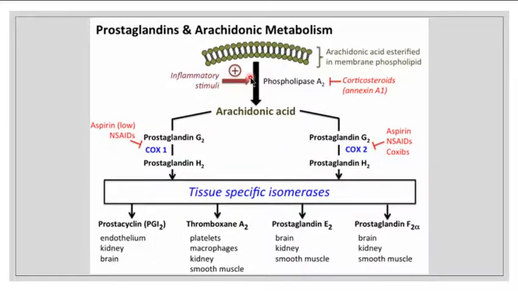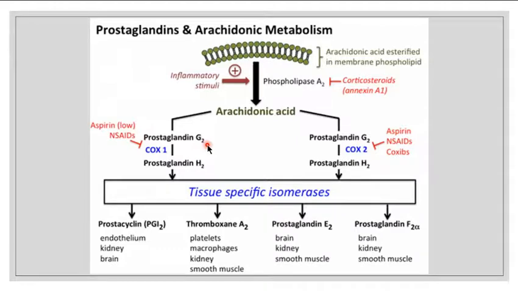Here in this picture on the screen, these are the lipid molecules which are present in the membrane. These phospholipids are broken down by the enzyme called phospholipase A2 into arachidonic acid. This arachidonic acid is later converted by cyclooxygenase enzymes into prostaglandins and leukotrienes.